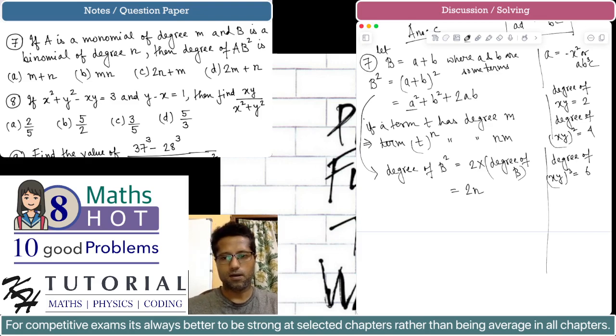Now, what will be the degree of A into B square? A is a monomial of degree m.